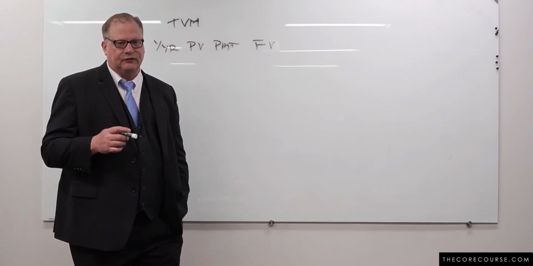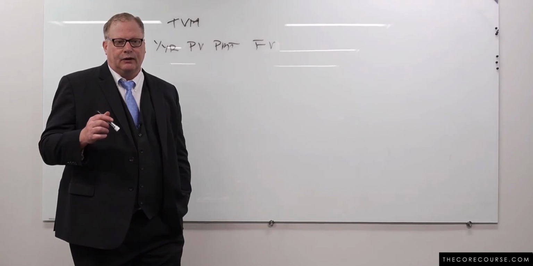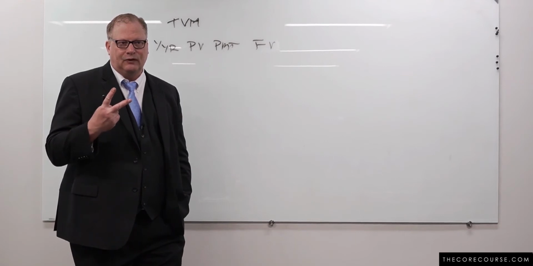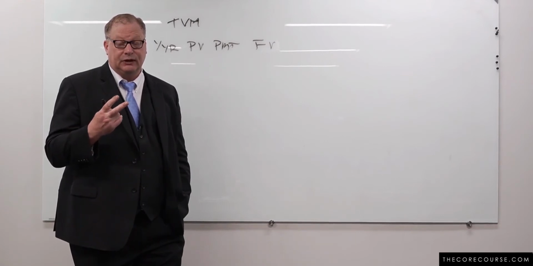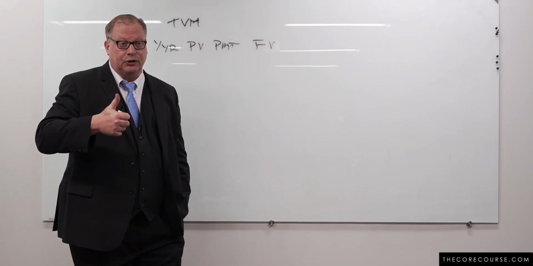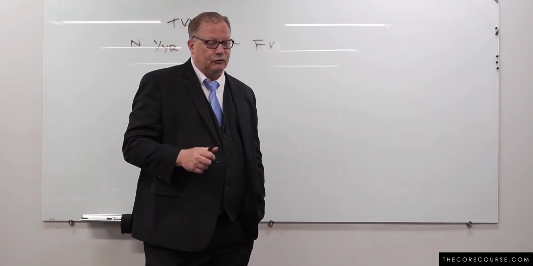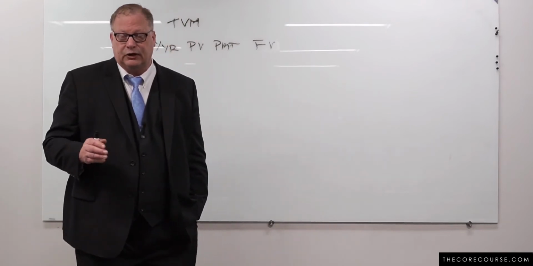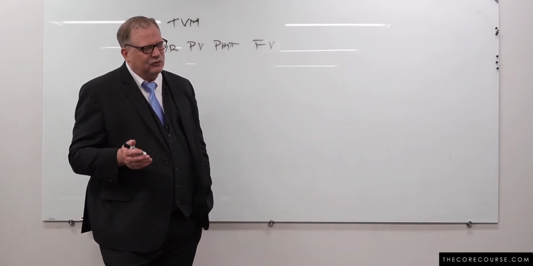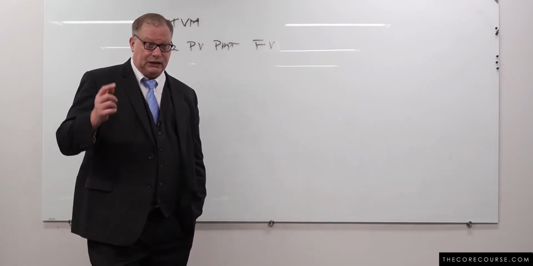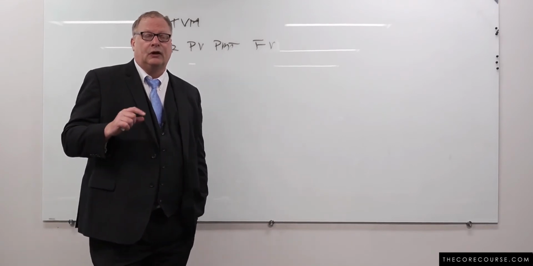So the first one is this. When we do time value of money in here, there's generally going to be 2 types of payments per year. Either one payment per year or 12 payments per year. For real estate calculations, it's generally one of those two. Sometimes we do quarters, but not usually. But in here, we'll just do 1 and 12.